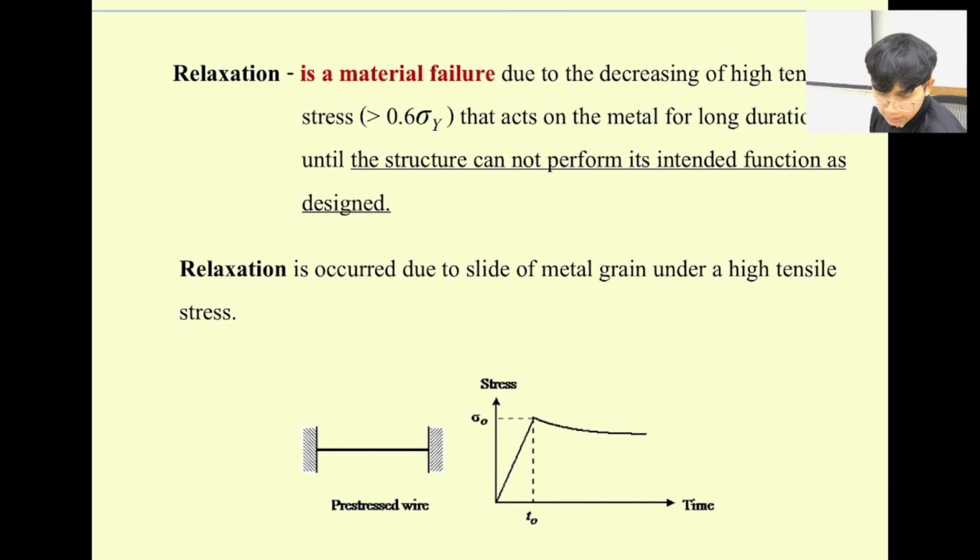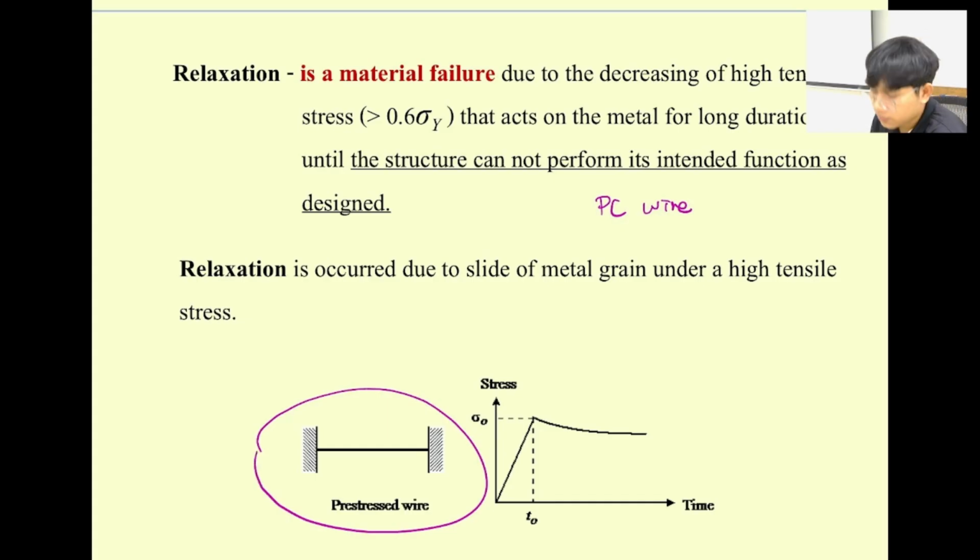Next topic is relaxation. Relaxation is a term for the PC wire, where the stress reduces from 0.8 down to 0.6 sigma y.